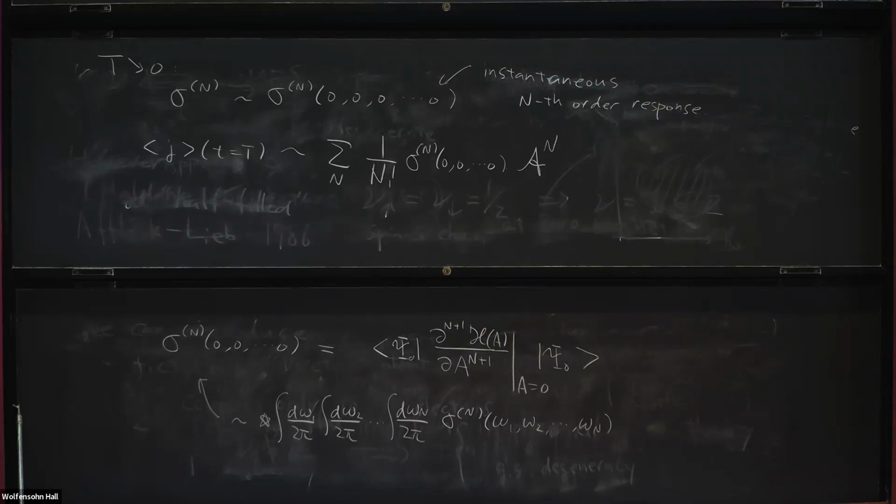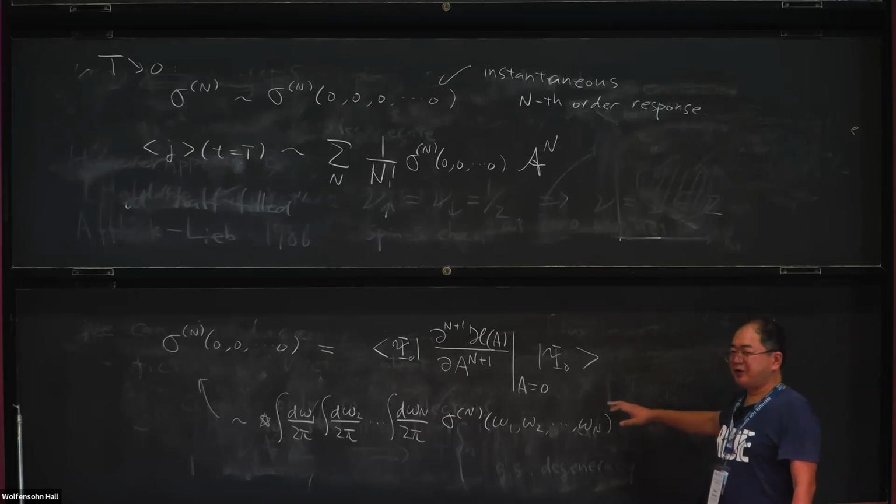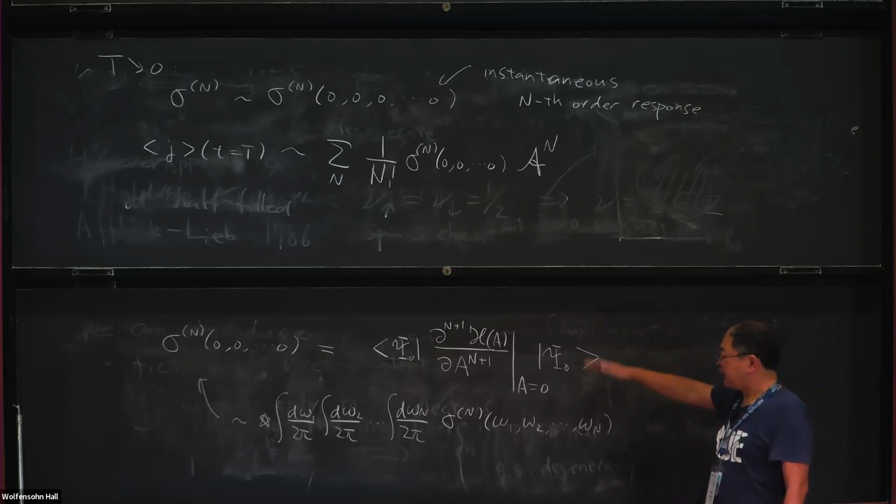But the same state can also be interpreted as a post-quench state after the sudden flux insertion. And if you consider this energy expectation value for this post-quench state, you can also derive this F-sum rule, frequency sum rule, including the nonlinear conductivity ones.